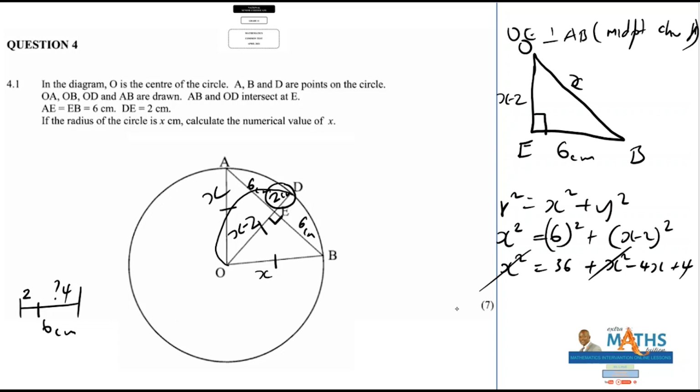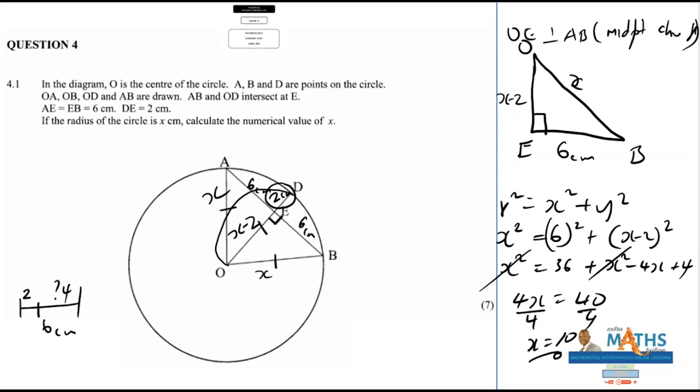And my x squared terms will cancel each other. This will be 40. Transposing, it means 4x will be equal to 40. Then divide by 4. It means x is equal to 10. The numerical value of the radius is 10.